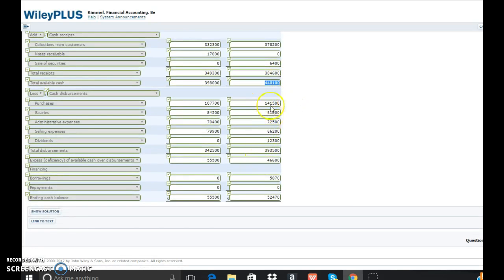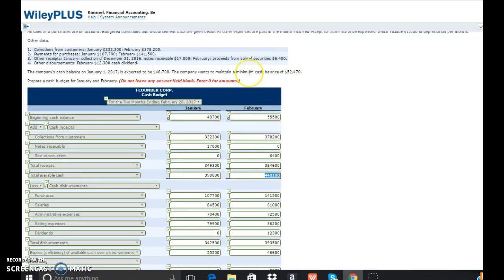Then you're going to subtract your total disbursements. So 440,100 of total available cash minus $393,500 of total disbursements is 46,600.